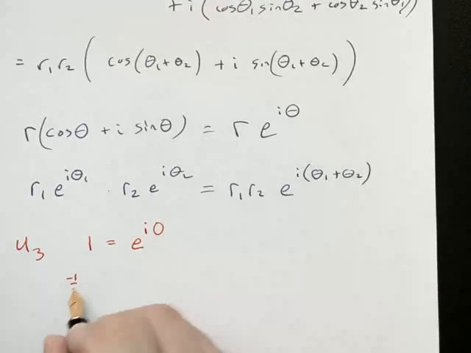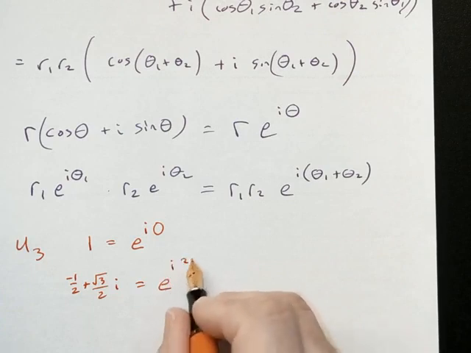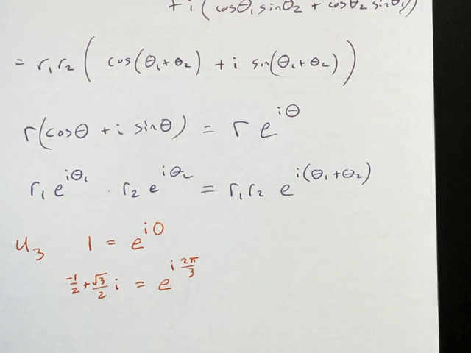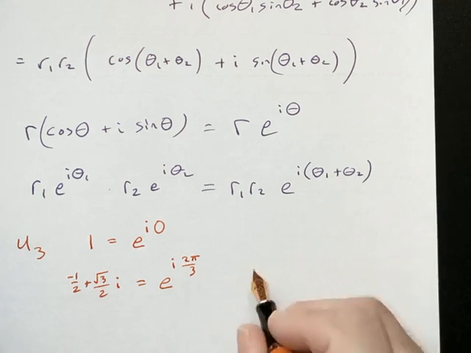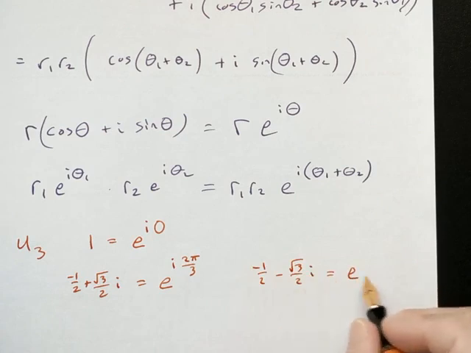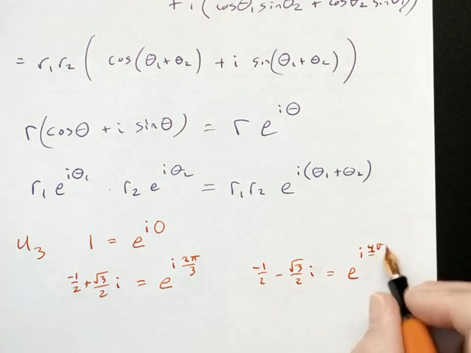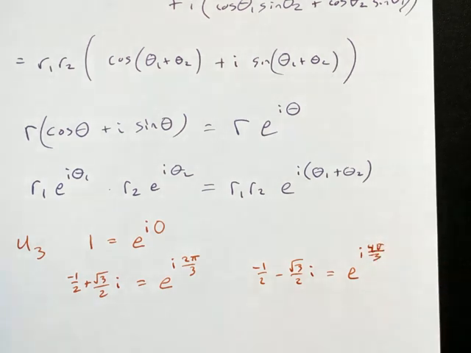And then negative 1/2 plus root 3 over 2 i also had a radius of 1 and an angle of 120 degrees. And negative 1/2 minus root 3 over 2 i had a radius of 1 and an angle of 4 pi over 3. I switched back to radians this time. But if you want, you can write 120 degrees, 240 degrees.